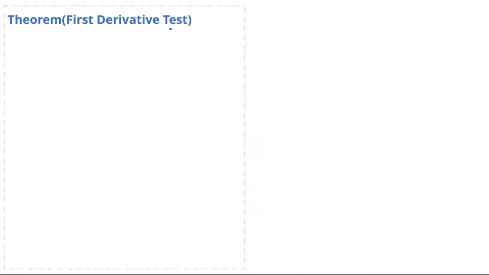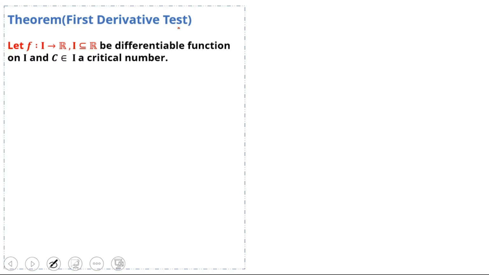Theorem: first derivative test. Let f from I to R, where I is a subset of R, be a differentiable function. The given function is differentiable on I and C belongs to the given interval I. C is a critical number.